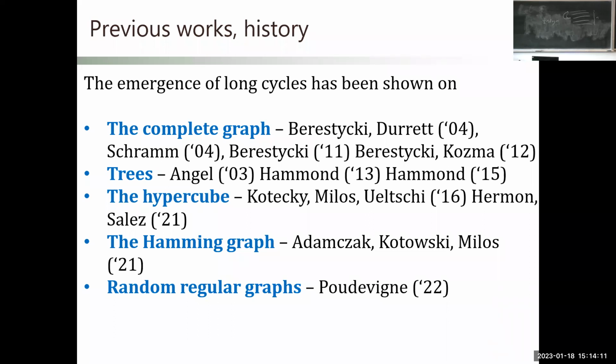And also a recent result on random regular graphs. So as you see, it's pretty active over the last couple of years, but still no similar results for Z^d, and in particular, no progress toward the original conjecture.